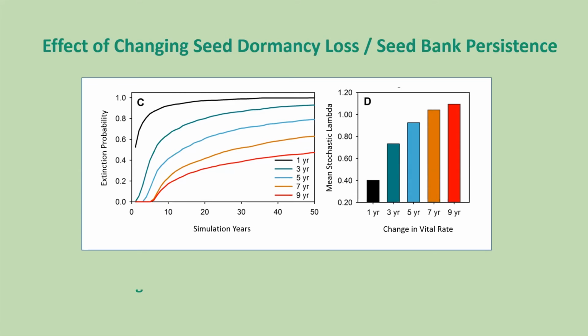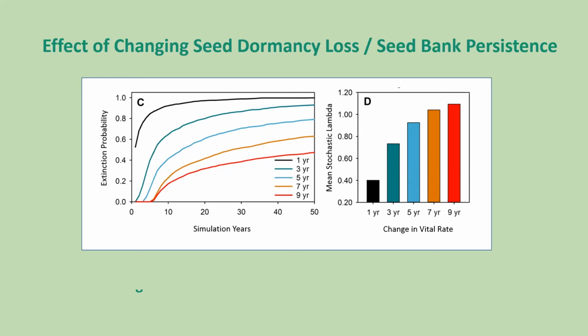If you say the seeds, and notice that our scale has changed completely on this graph, if this is the base at 1.08, if you say the seeds can only last 1 year, you have reduced mean stochastic lambda to 0.4, which means this thing is going to tank. And if you see the extinction curve, it says that it has like a 90% probability of extinction in 10 years. So the moral of this story is what's really important here is the persistent seed bank.